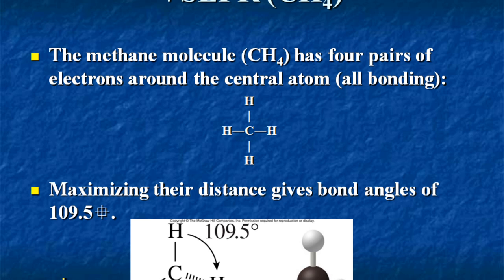But in reality, when you make the molecule, the shape in lab, the bond angle, when you measure it, is actually 109.5 degrees. So these electron pairs are not sitting at a 90-degree angle. 109 is more than that. That means they have maximized their distance. So that gives us 109.5 degrees.